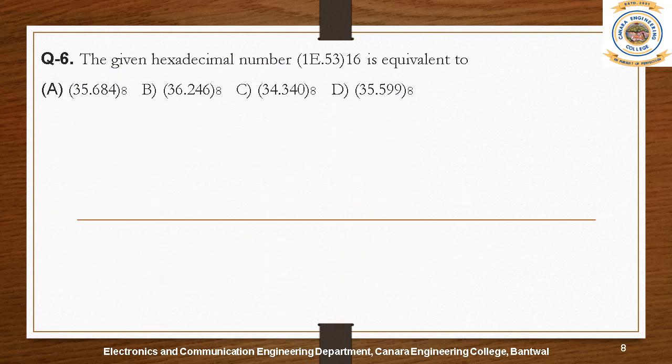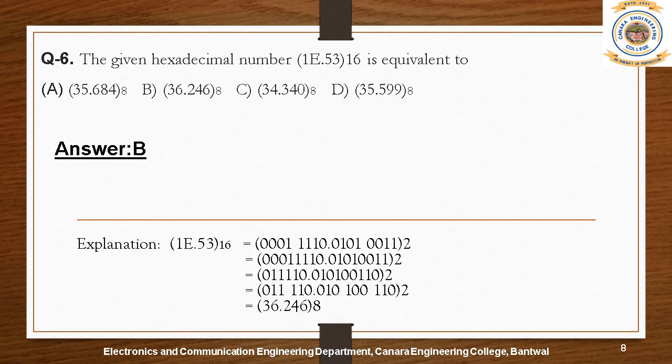The given hexadecimal number is 1E53 base 16. We have to find the equivalent octal number. There is a procedure. The answer is B, and the procedure is C here. The hexadecimal number 1E53 is converted to binary first.